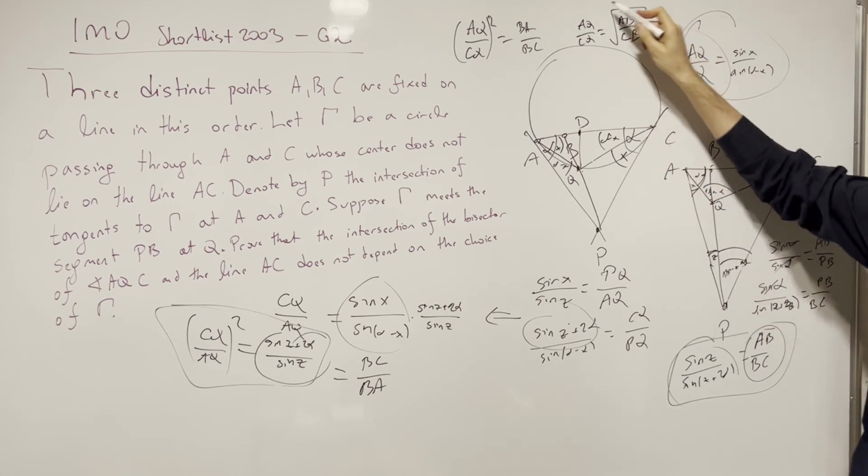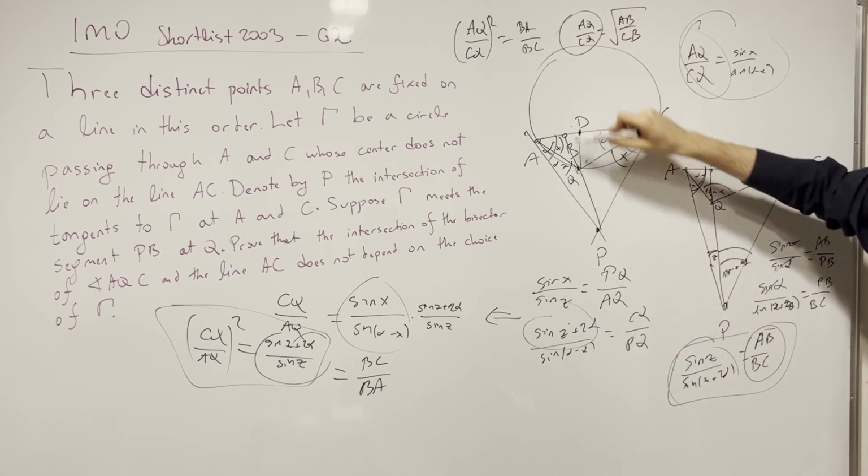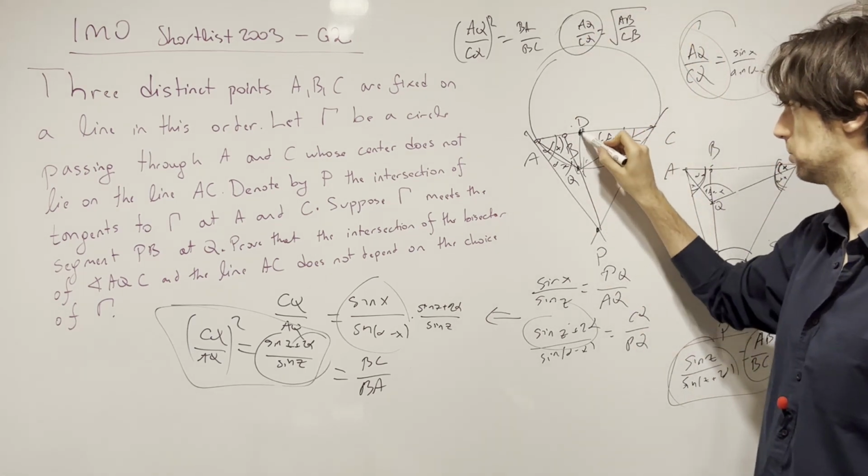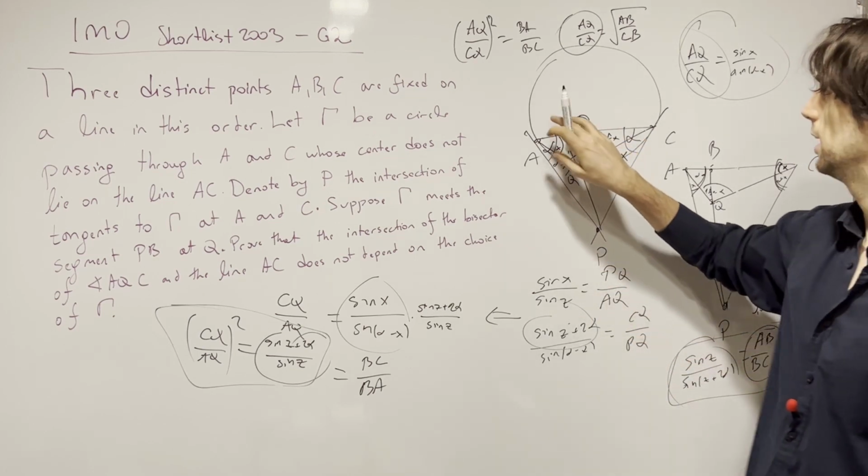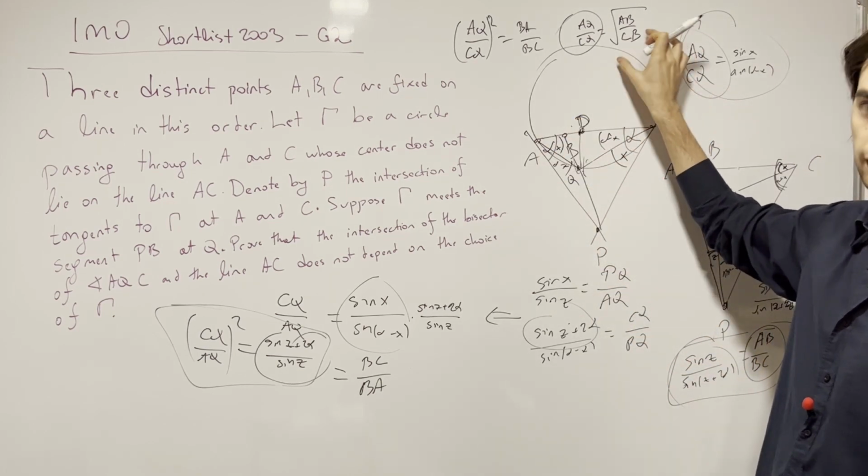And now this shows that when this angle bisector intersects at D, you'll have that AD over DC is going to be equal to this, which is a constant.